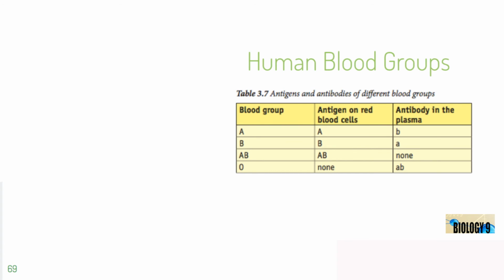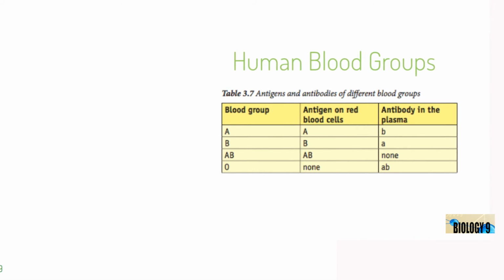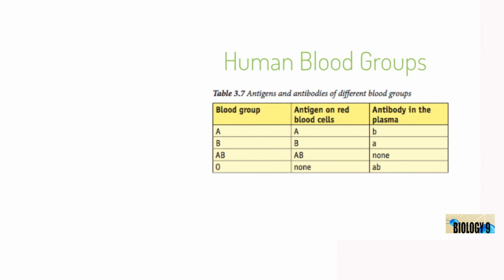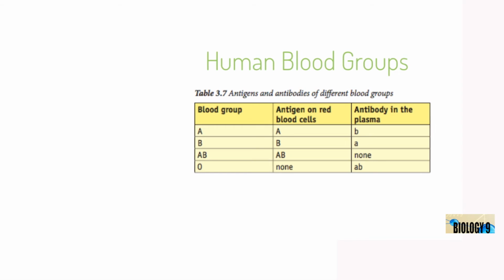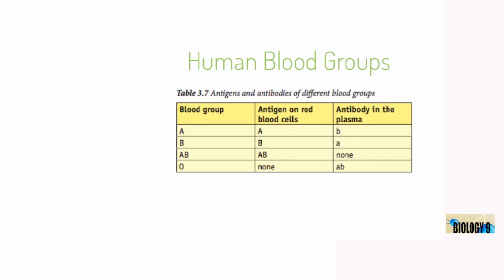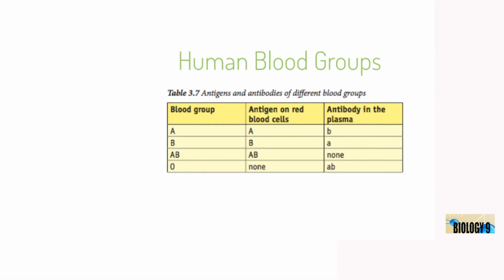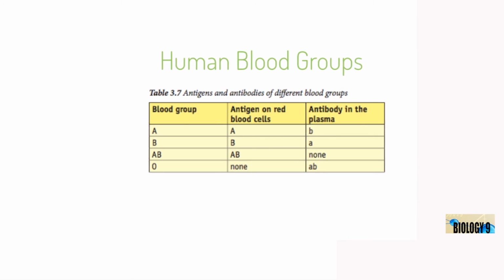There is at least two possible antibodies in the plasma. They're known as antibody A and antibody B. And unlike most other antibodies, these antibodies are present in your body all of the time. They are not made in response to a particular antigen. This table shows you the 4 combinations of antibodies and antigens which give those blood groups.